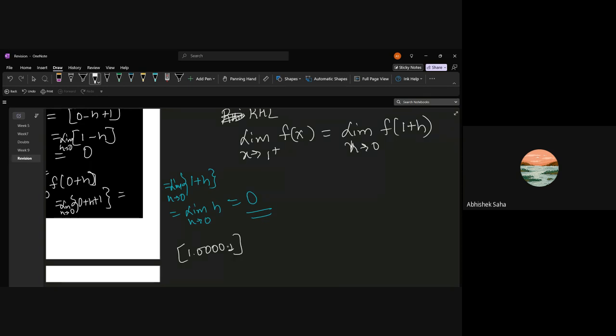If you take 1.00001, what will be the greatest integer of this? It is 1, right? And if you take a number like 0.999 or 0.1234, what is the greatest integer of this? 0. Is there any difference? There is a very slight difference in between, right?